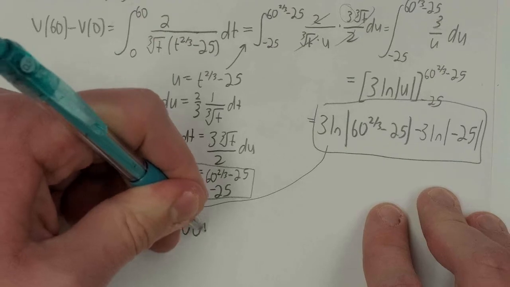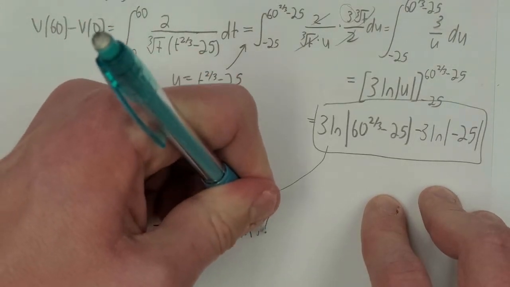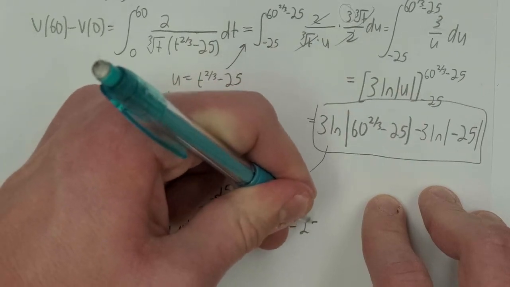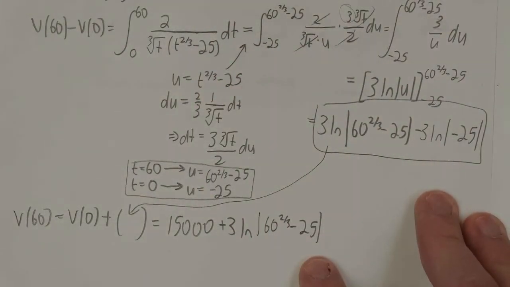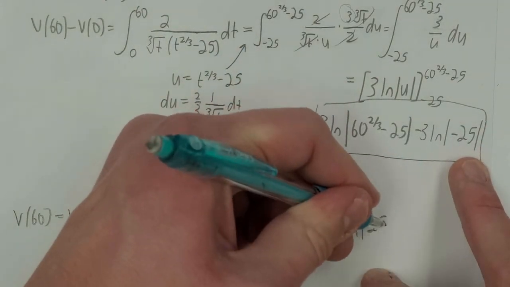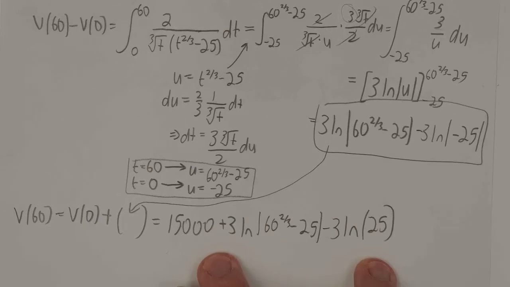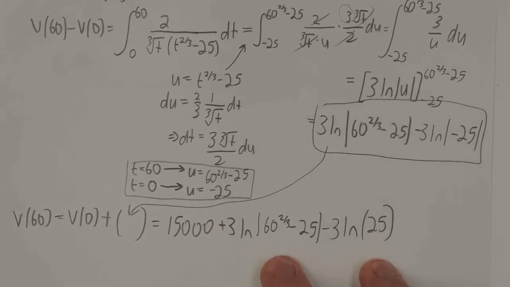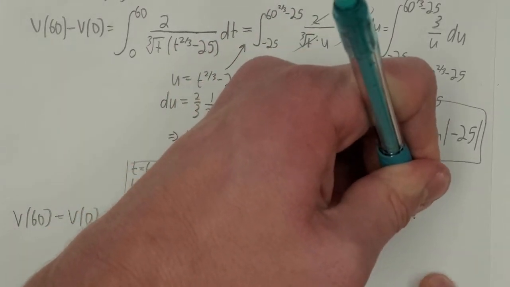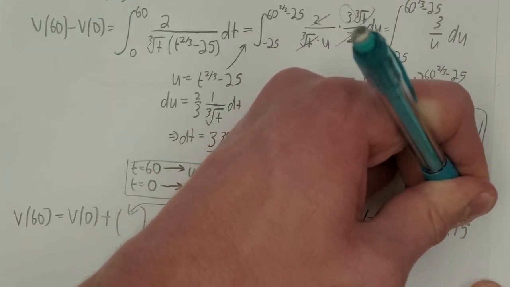So 15,000 plus 3 times natural log of 60 to the 2/3 minus 25. And then minus 3 times natural log of, in this case, just 25, since the absolute value gets rid of our negative here. Okay? So then put all this into a calculator, and then you should end up with 14,997.152. Okay?